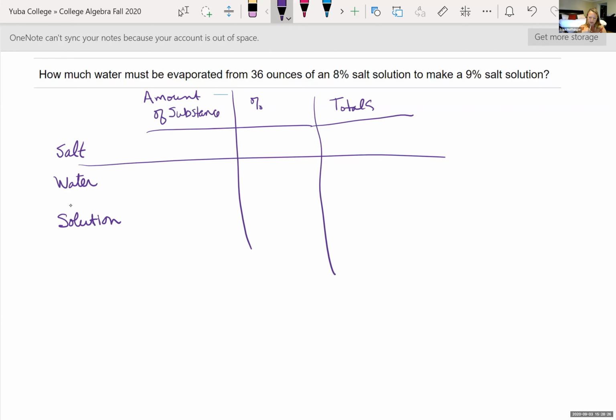How much water should be evaporated from 36 ounces of an 8% salt solution? Okay, so we have 36 ounces of this salt solution. I'm going to just call it solution. And the amount of it was 36 ounces. The percent was 8%, so 0.08.